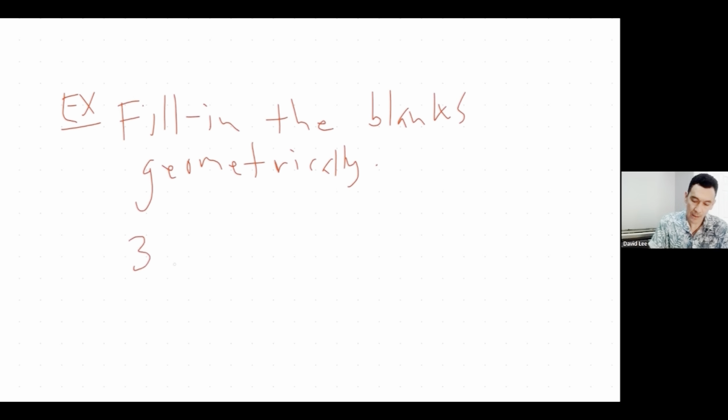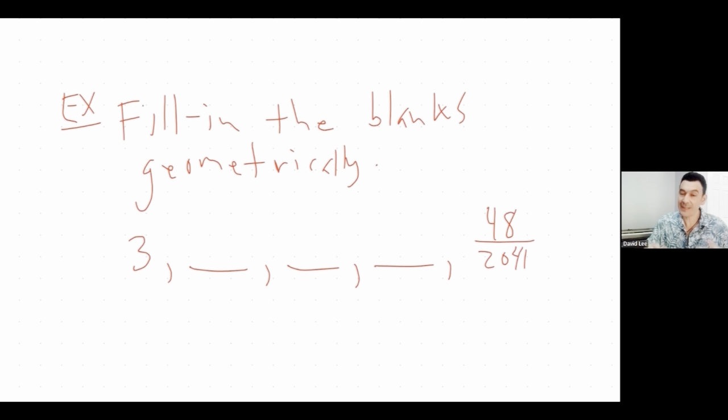How about a 3, and then blank, blank, blank, and then the last one, let's go with 48 over 2401. So we need to fill in the blanks geometrically, meaning from 3 to here to here to here, we're multiplying by the same thing. So here is one way of doing this. To get to the first spot, you go 3 times some mysterious number r.